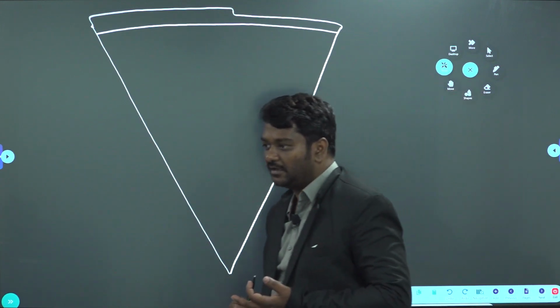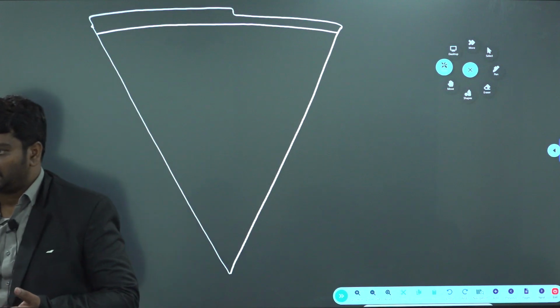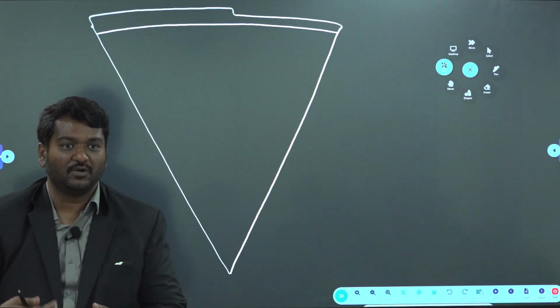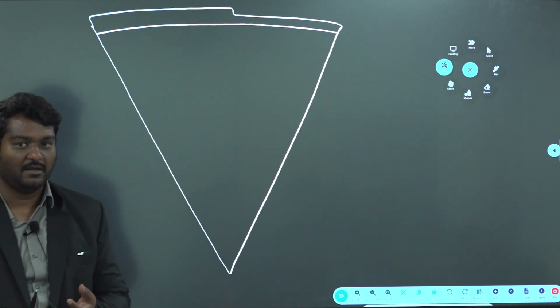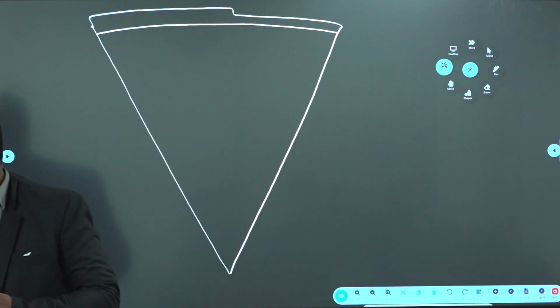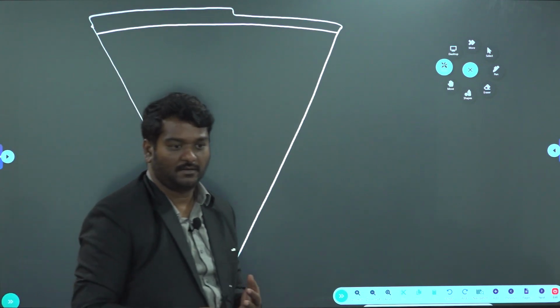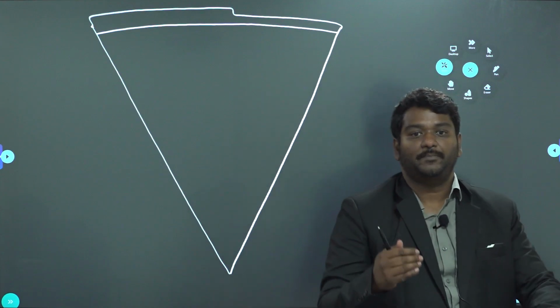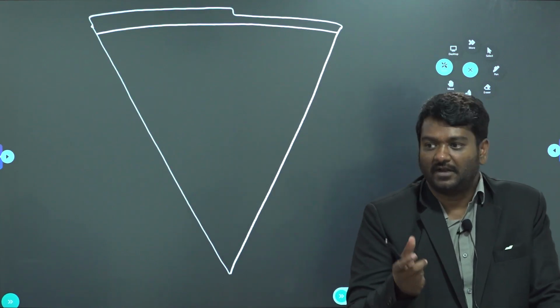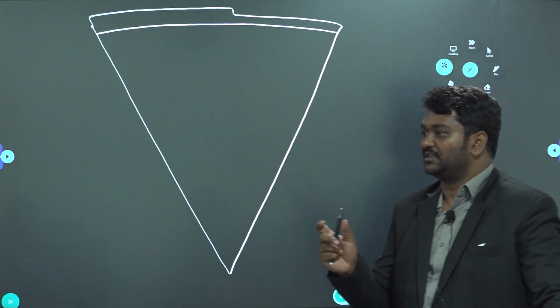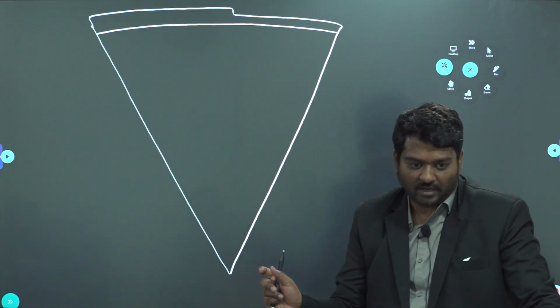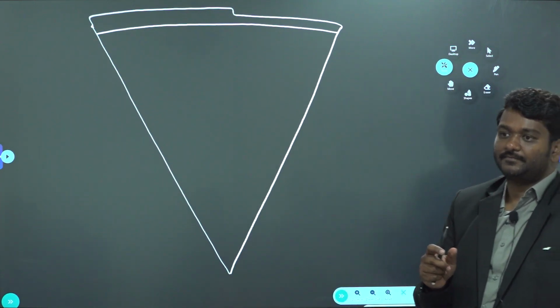Volcanoes are direct. Then mining. Mining, as we go deeper, we get to know mining. Then, as we go deeper, temperature increases. Temperature variation is also considered as what? Direct. Indirect.